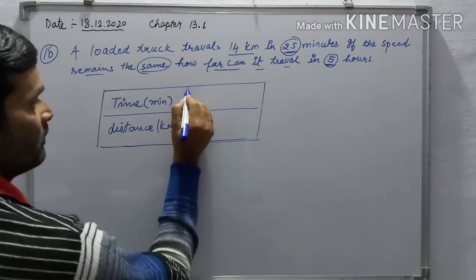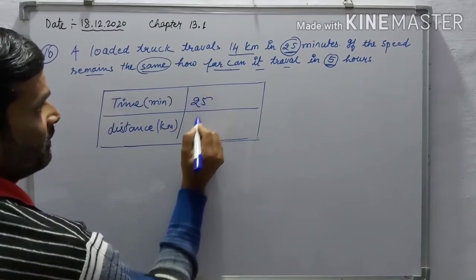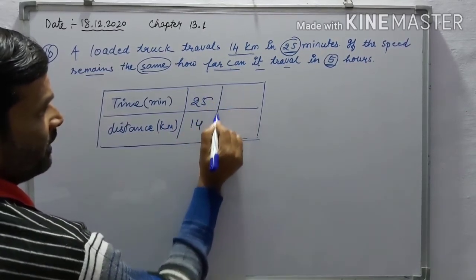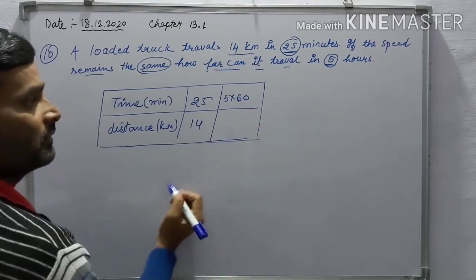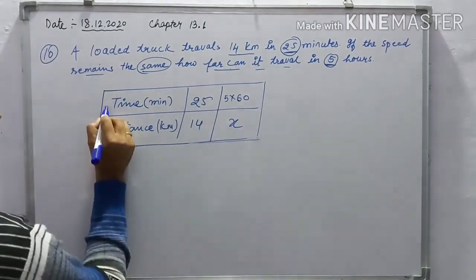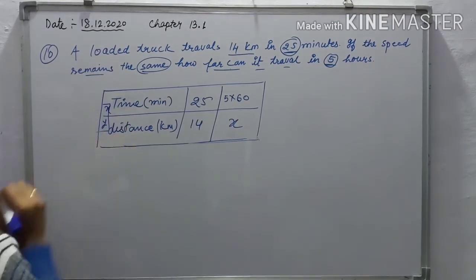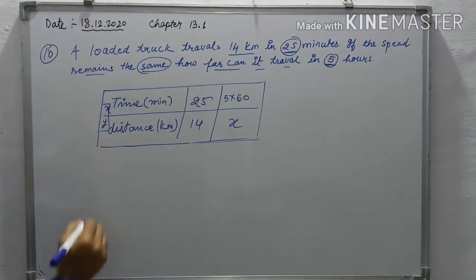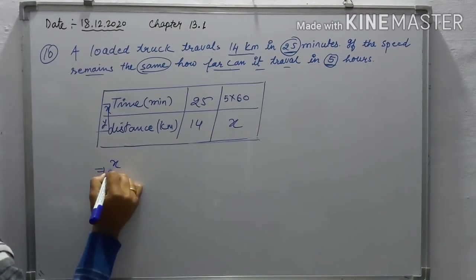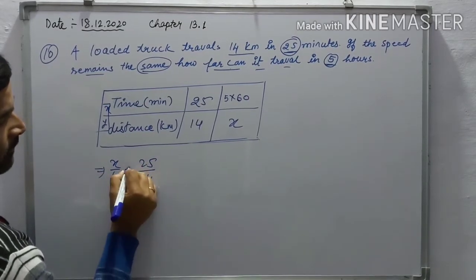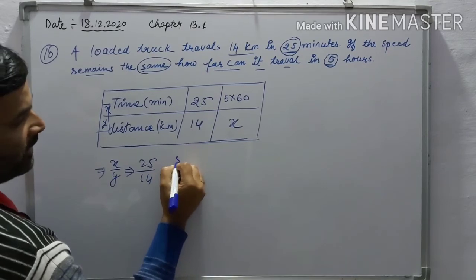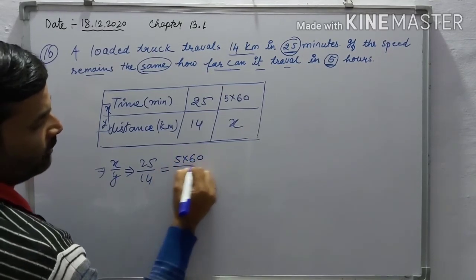Okay, first is 25 minutes, the distance is 14, and for 5 hours it is 5 into 60, and the value is x. It is direct, which means 25 upon 14 is equal to 5 into 60 upon x.